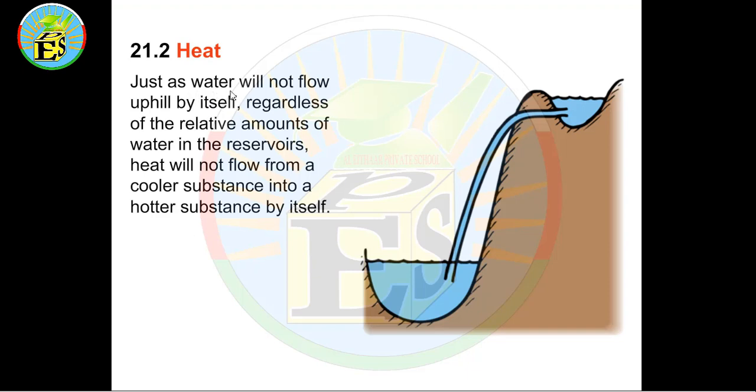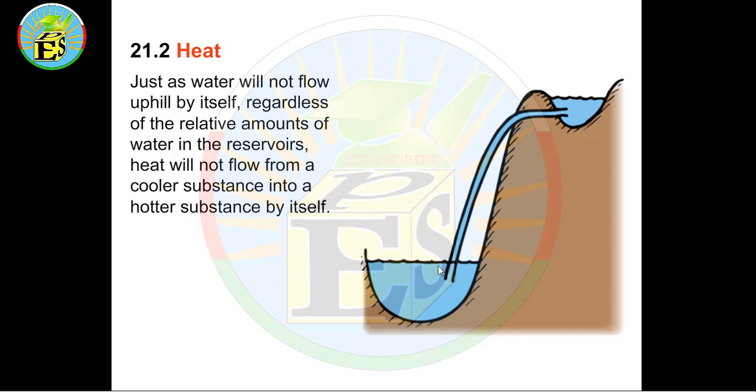Just as water will not flow uphill by itself regardless of the relative amount of water in the reservoirs, heat will not flow from cooler substances into hotter substances by itself. It means water can't flow from down to up, but only from up to down.